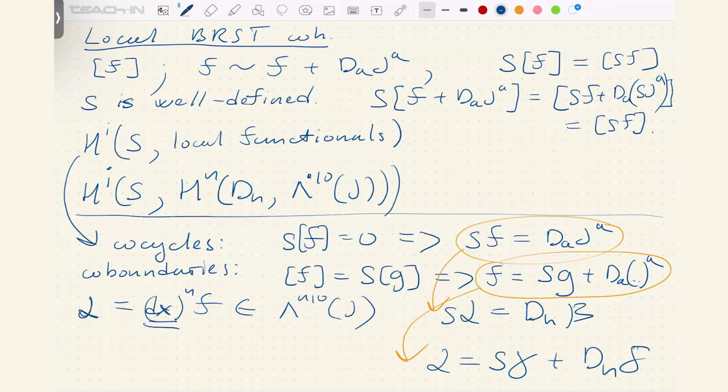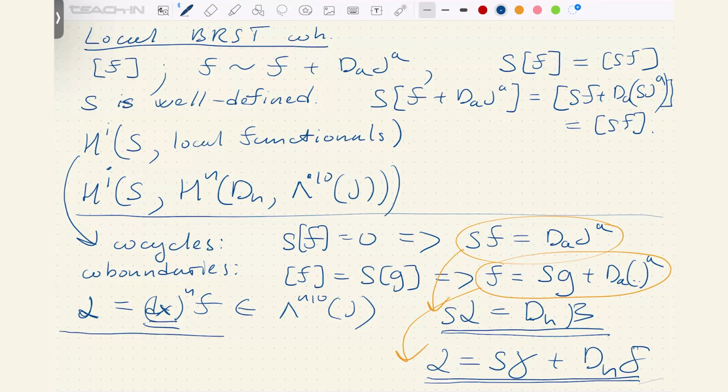So this is the cocycle condition, this is the coboundary condition. So the quotient space of elements satisfying this, modulo elements satisfying this, is our local cohomology, local BRST cohomology.